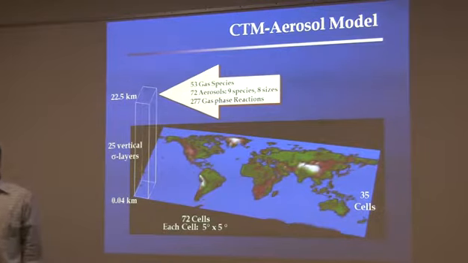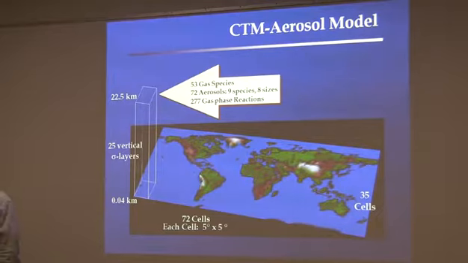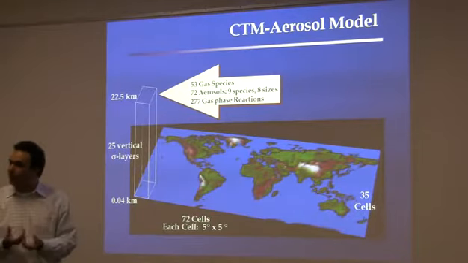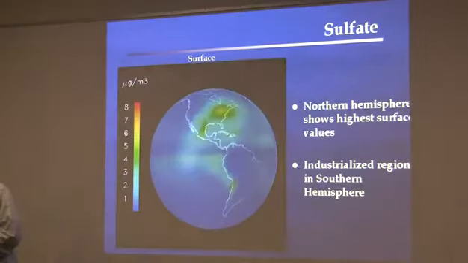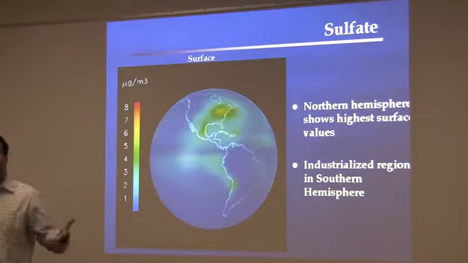So that decision when you are developing your model, if you go that route, basically that's what makes a CTM. And now that you are integrating less in the time direction, you are allowed to put more chemistry going on, and that will give you a flavor of, say, the distribution of sulfates in the world.